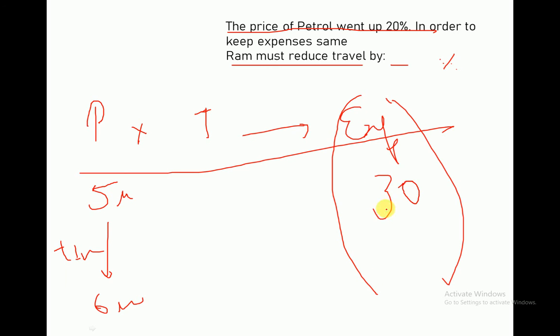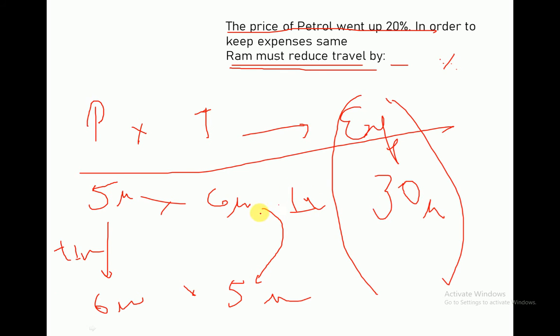So the common multiple is 30. To get to 30, we have to multiply by 6 and by 5. These are all in units. So there is a change of 1 unit, and that too is a decrement.